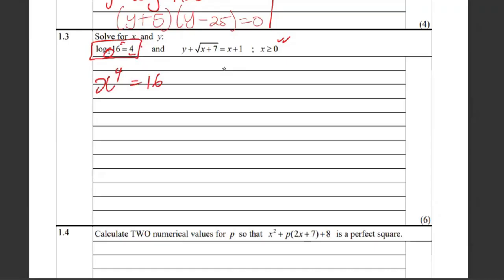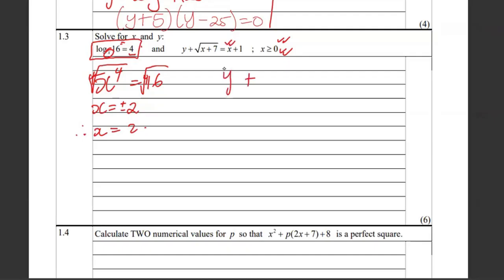Then I need to find the fourth root on either side of the equal sign. So that dies out, meaning that our x is going to be 2. But it should be plus or minus 2. Okay, but since they told us that x needs to be greater than 0, our x should be just 2. Then I'm going to get this x and substitute it into this second equation.